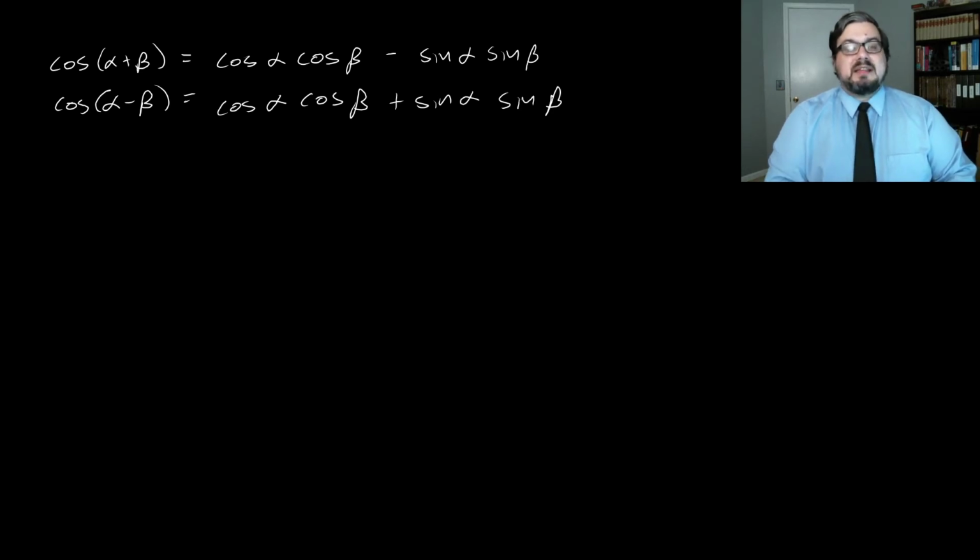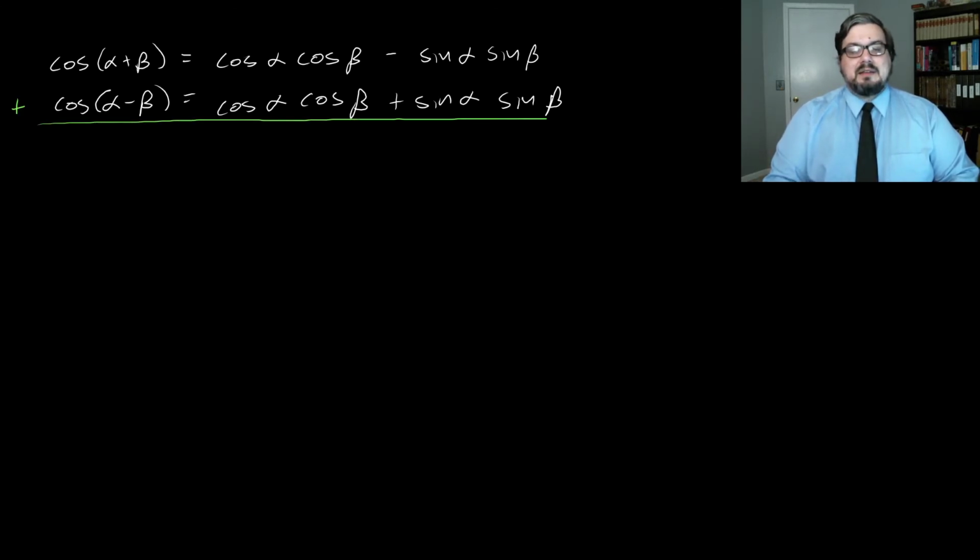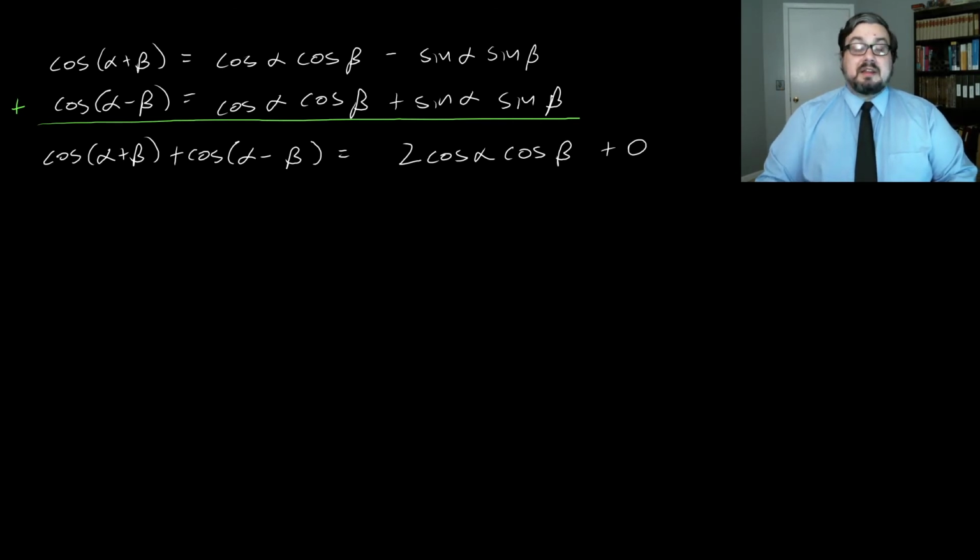Once again, notice that the last term on the right in the two equations are exactly opposite of each other, which means that we can again add these two equations and get that cosine of alpha plus beta plus cosine of alpha minus beta is equal to 2 times cosine alpha times cosine beta, and then again plus 0, because those two terms on the right-hand side canceled out.